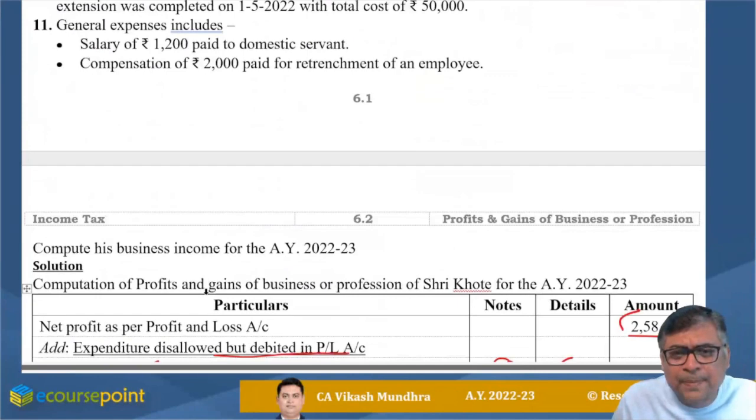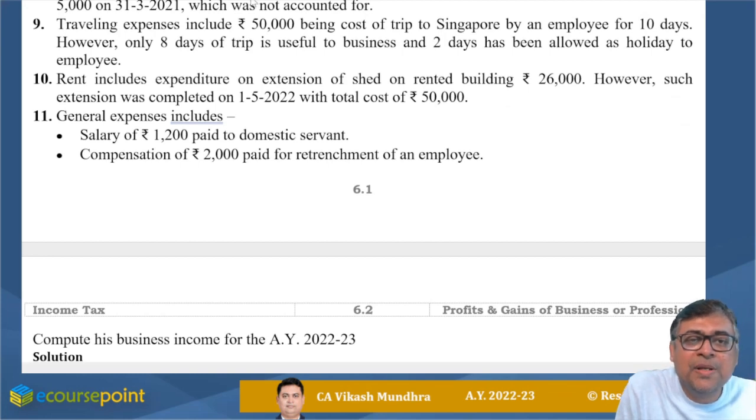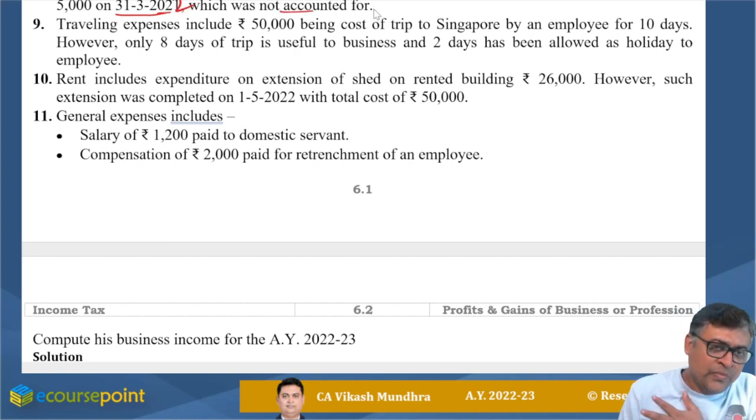Don't you think we are preparing something like a reconciliation of a bank statement? We are doing it that way only. During the previous year, he comes to know that his former employee had embezzled cash of rupees 5,000 on 31st/3/2022, which was not accounted for till now.